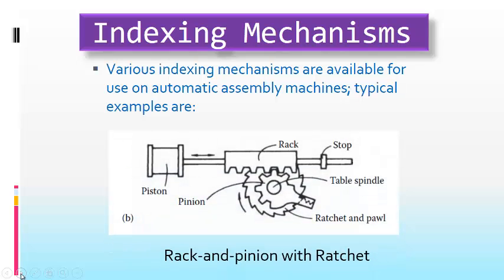We can use with this rack and pinion a ratchet, so the fixture will not go back, because the ratchet is a one-way motion. After it moves in the direction, the fixture will not go back.